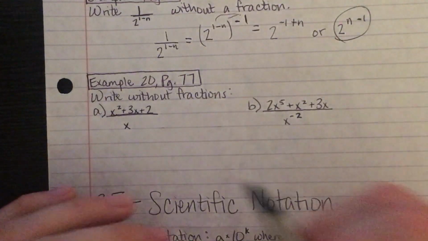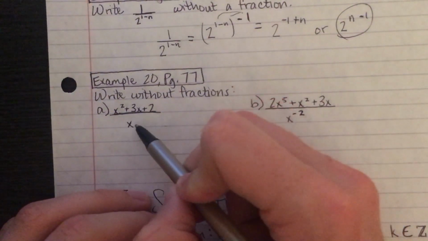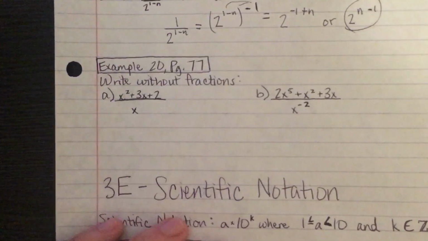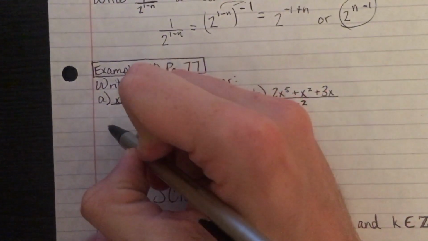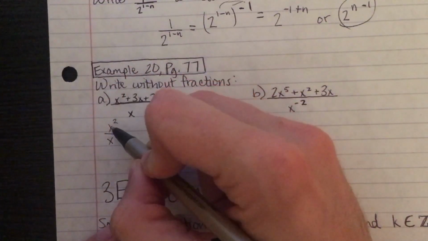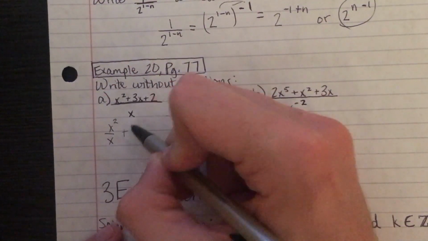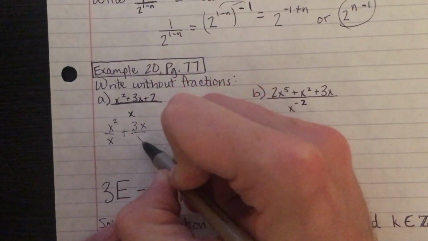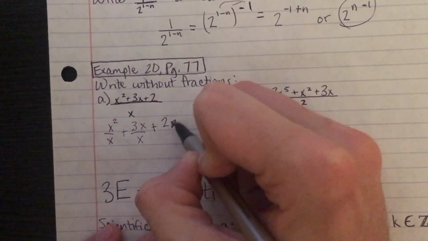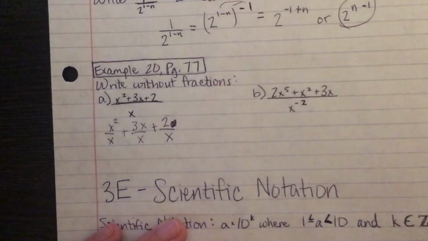Whenever you've got something dividing a bunch of terms like this, one of the properties of fractions is we're allowed to break this up into individual fractions. We've got x squared over x plus 3x over x plus 2 over x.